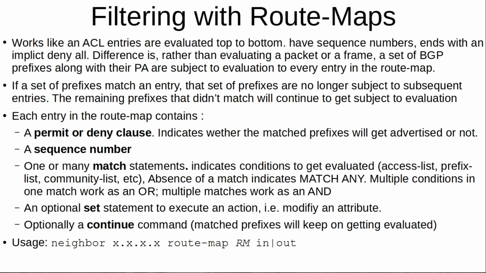Multiple conditions in one match work as an OR. Multiple matches work as an AND. An optional set statement is used to execute an action, like modifying an attribute. Optionally, you can use the continue statement, which is not recommended because that will break the rules of route maps. So matched prefixes will keep on getting evaluated.